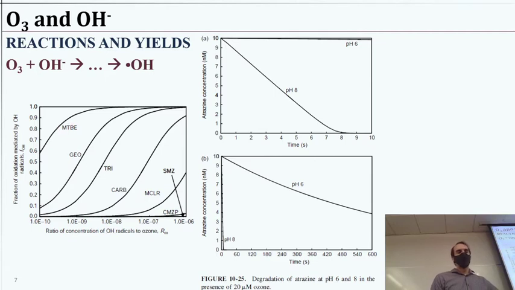Okay, so we can take a look at different compounds. MTBE, that's a common additive to gasoline. I don't remember exactly the acronym right now. So that one's degraded pretty quickly, and we see it's degraded pretty well by even just a little bit of ozone, but certainly faster with more hydroxyl. And these different compounds, this one's carbamazepine, I looked, and different ones, we can see ozone is really not impacting some of them almost at all, right?